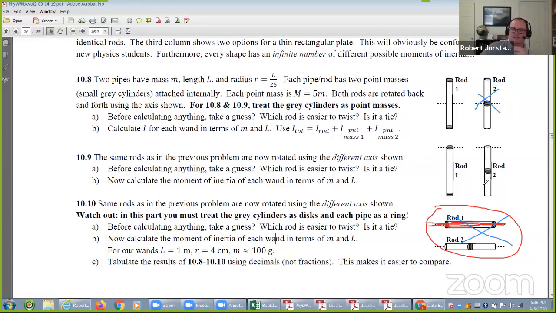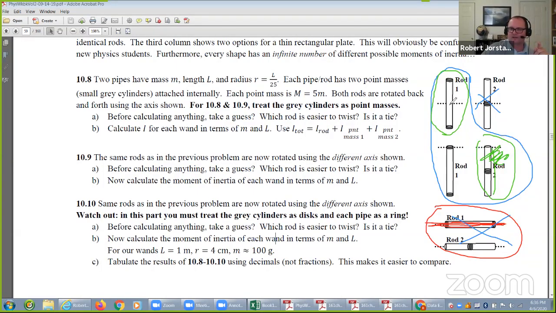And now let's think about it. I'm going to go to a new color. This one and this one are pretty similar, but in this one, the rod is farther away. So this green one down here should be slightly bigger than rod 1.